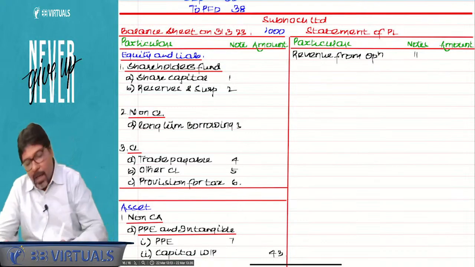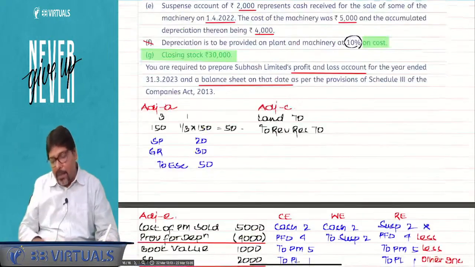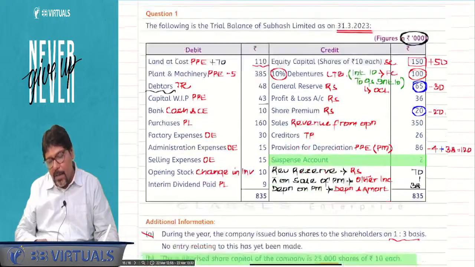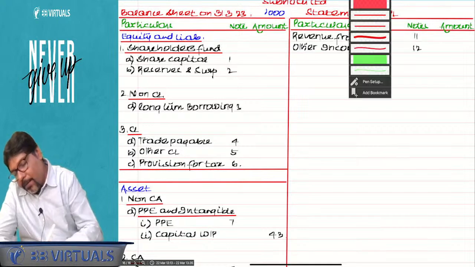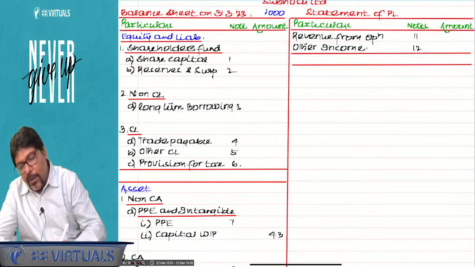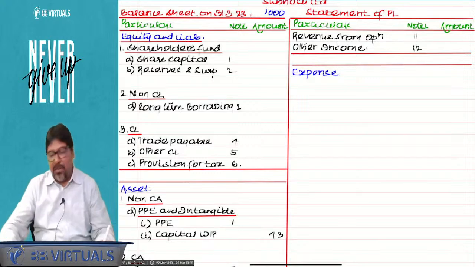First, obviously, we'll have other income. Other income we have. Yes, other income. Profit on sale. So this is your total income. Then comes expenses. Expenses may include raw material consumed.